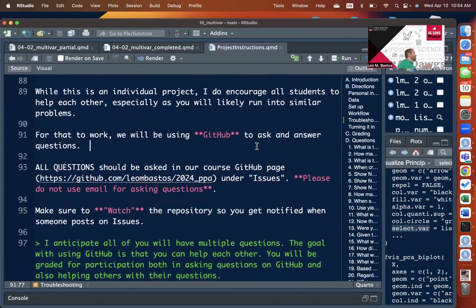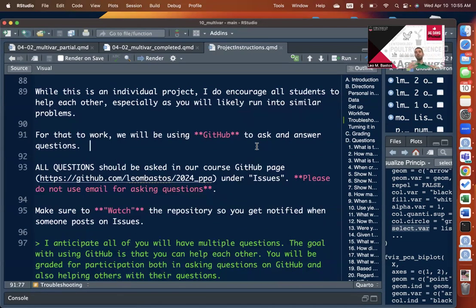And when you struggle and you need help, I'm sure you've been doing this already in this course, but if you have questions, if you're running into code issues and you're not able to fix it by yourself, first thing is to go to Google. If that's not helping you, you can use our GitHub repo for this course and ask questions under issues.